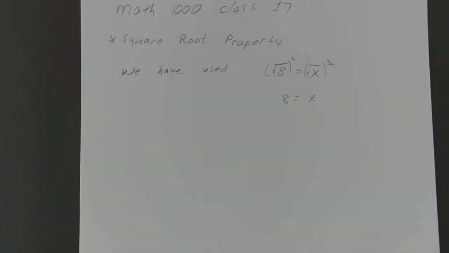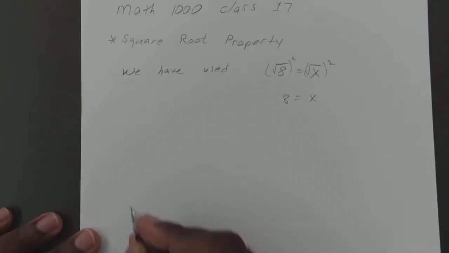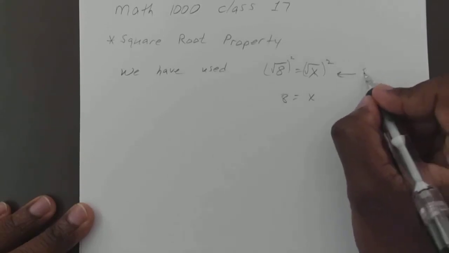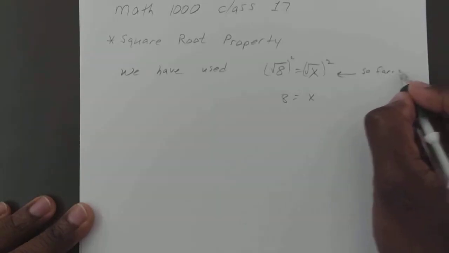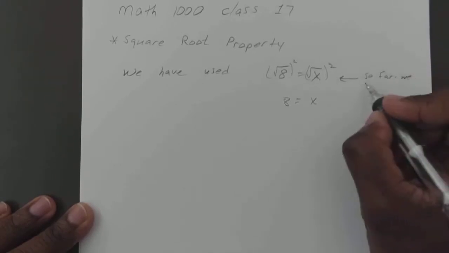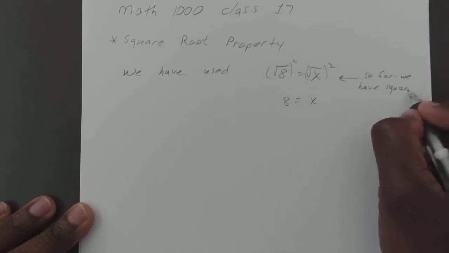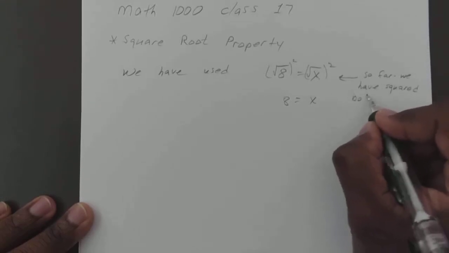Well, instead of squaring both sides, we're just going to apply the square root to both sides, which is pretty much the same thing. So far, we have squared both sides.